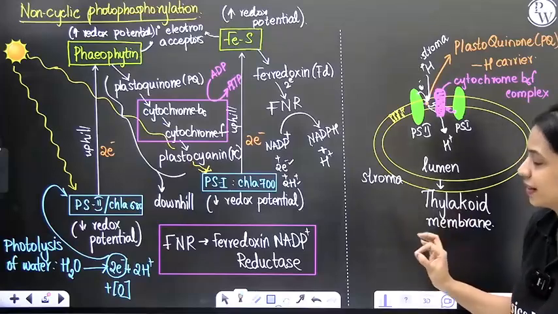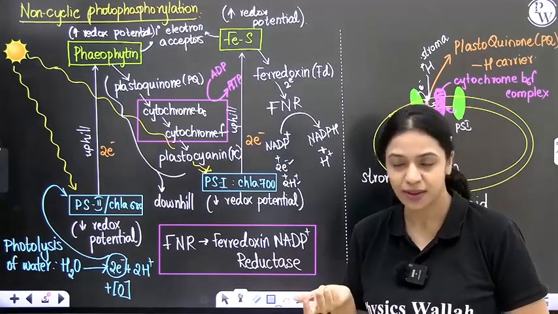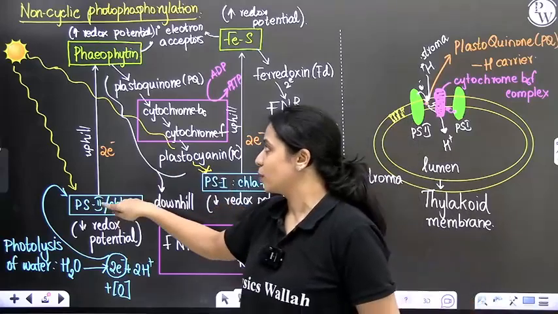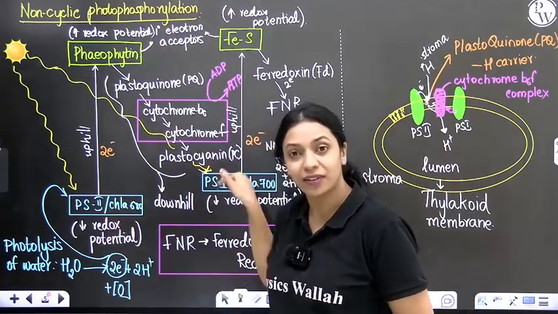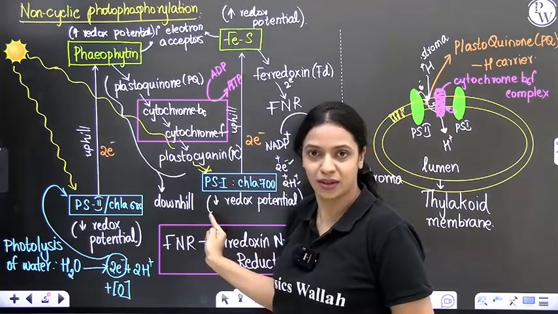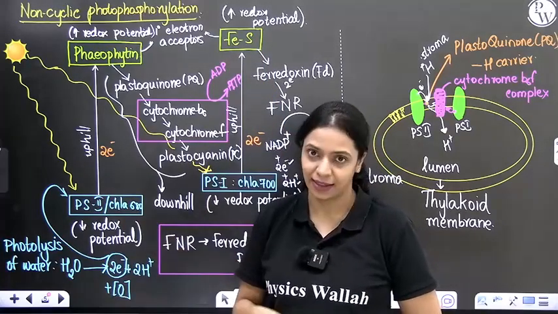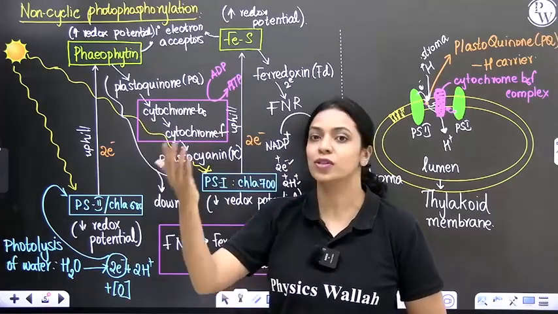Why am I calling this non-cyclic photophosphorylation? I am calling this non-cyclic because whatever electron was lost from PS2 never cycled back to PS2. Whatever electrons were lost from PS1 never cycled back to PS1. So, it's not cyclic. The electron is not returning to the same photosystem that it was lost from.